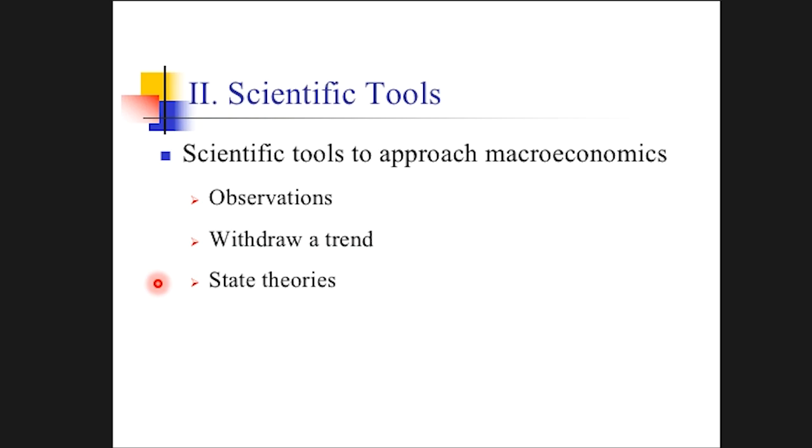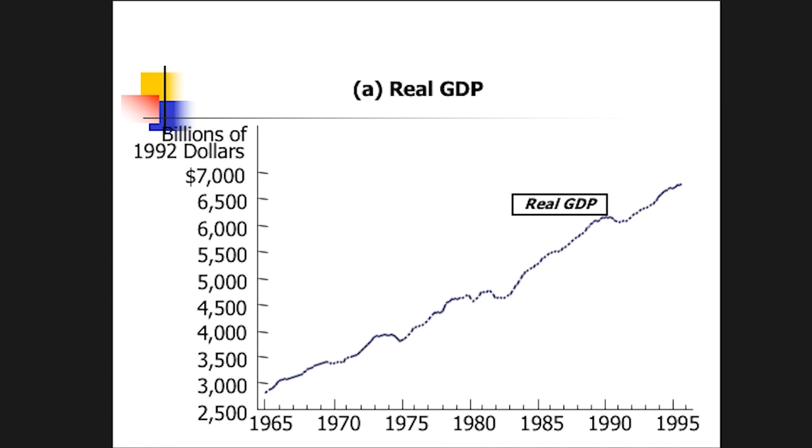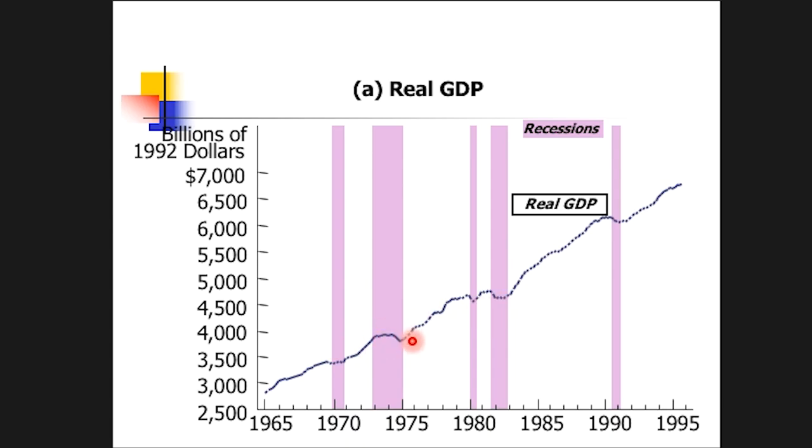And we still have to check the theory with the updated data, with the new data. Sometimes we can see that the previous theory is no longer true for the updated data. For example, in a certain period of time, we can see that GDP reduced, not increased. So before this observation, we said that GDP increased over time, but now GDP does not increase.